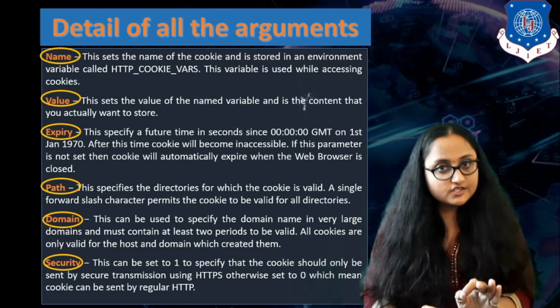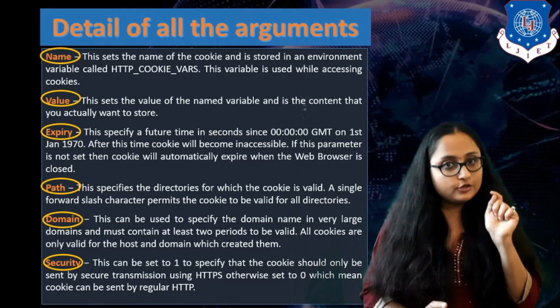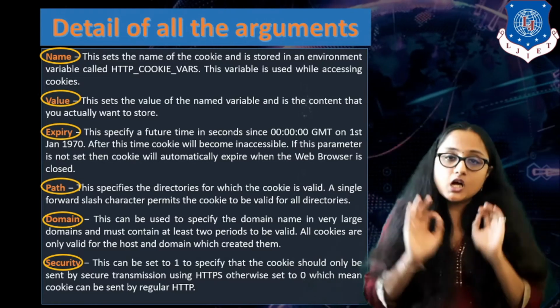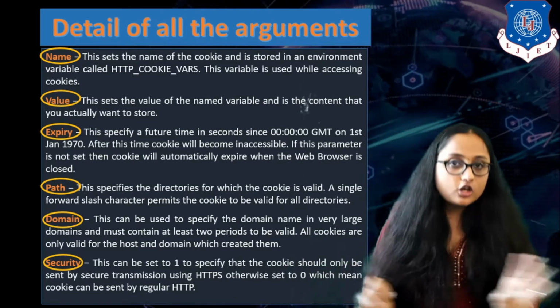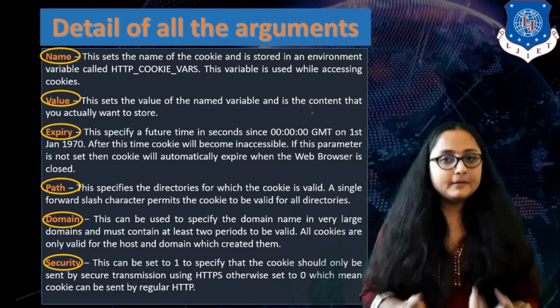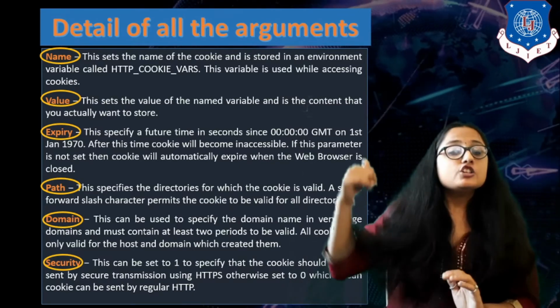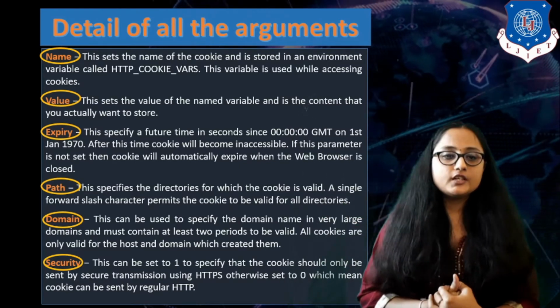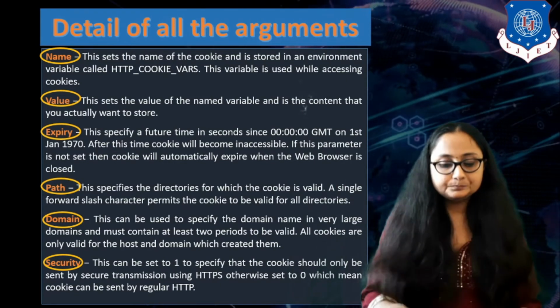If you want such secure transmission, then you can set the secure value to 1. Otherwise by default it is 0. It means whether it is secure or not secure, you want your cookie to be embedded and sent along with the HTTP request, right? So these are all the different arguments that you can set along with the setcookie function.